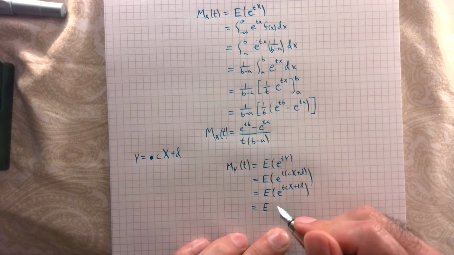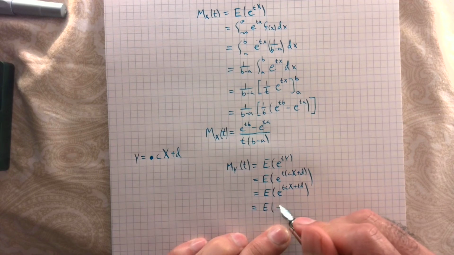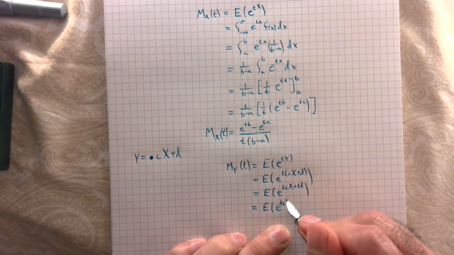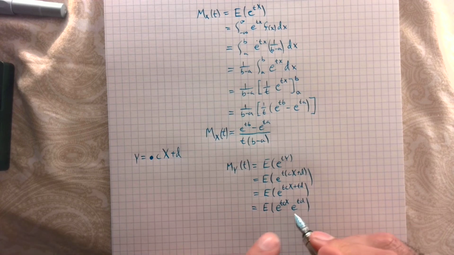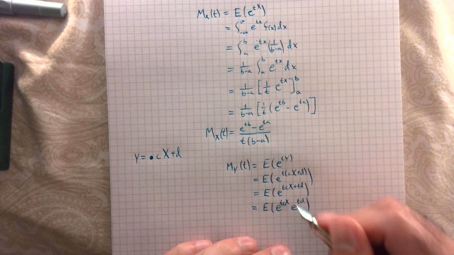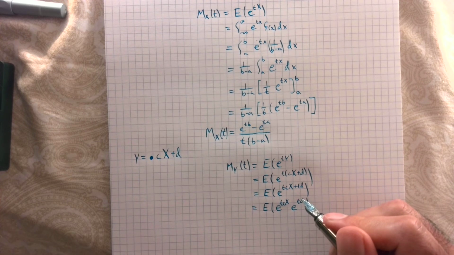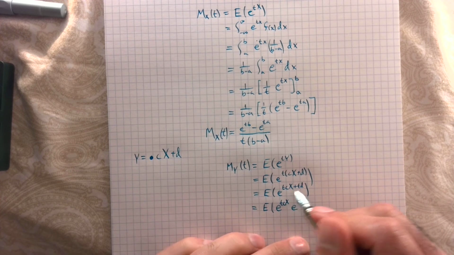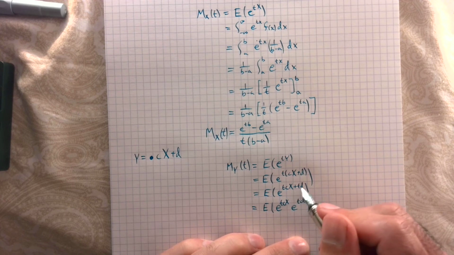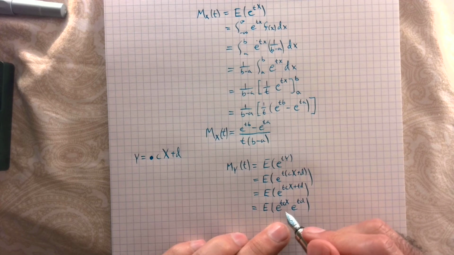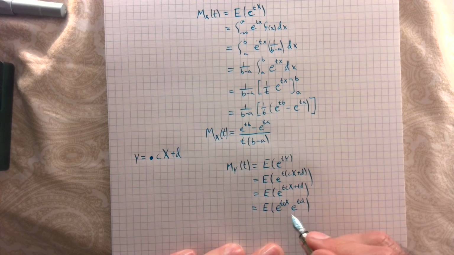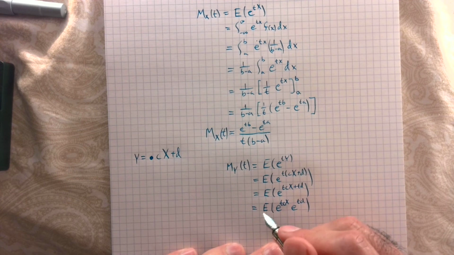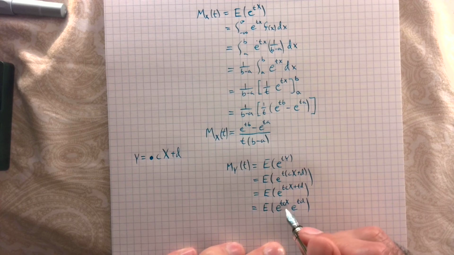And now this is going to equal the expected value of e to the tcx times e to the td. So remember, when I'm multiplying these two, they have the same base, I add the exponents. So I can go the other way around too. If I'm taking e to the power of something plus something else, I can set that equal to e to the power of the first thing times e to the power of the second thing. And now notice that I'm taking this expected value in terms of x.